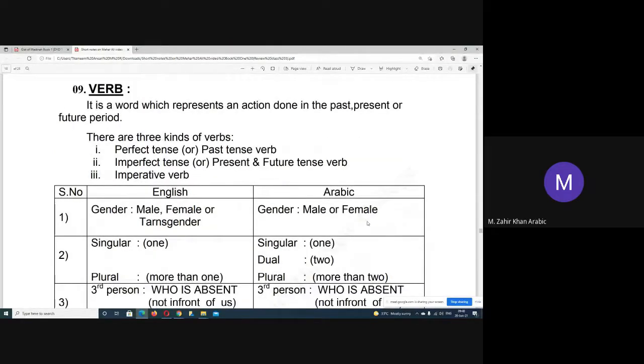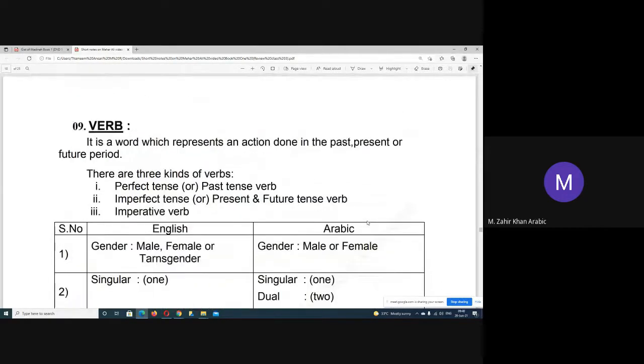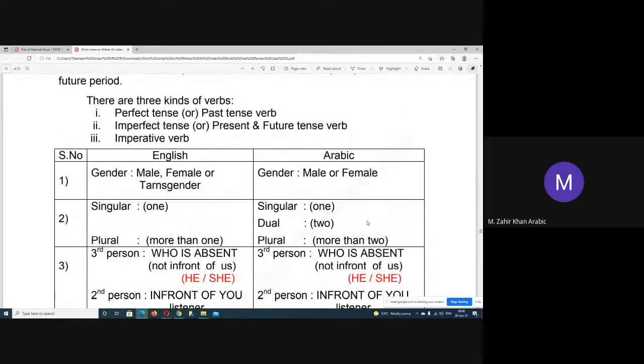It is known as present and future tense. And the imperative verb is one with which we are commanding or requesting somebody to do the work. Either we are commanding or we are requesting the work of somebody else who is in front of us. So these are the three main differences.